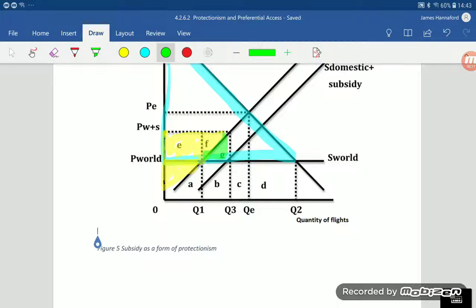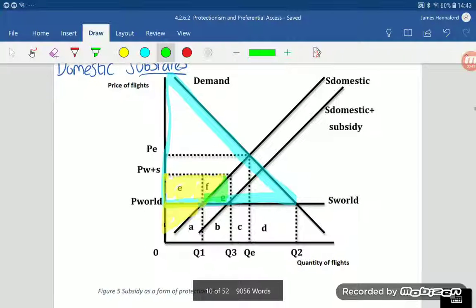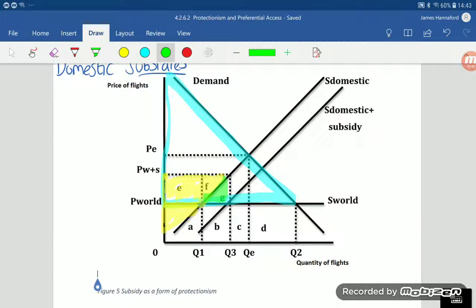It cannot be attached to a benefit to the producer surplus because of where it's located, and therefore it can only be seen as a negative. Negative because it's a cost to the government of having paid out for the subsidy. So overall, the deadweight loss to society of domestic subsidies is area G.